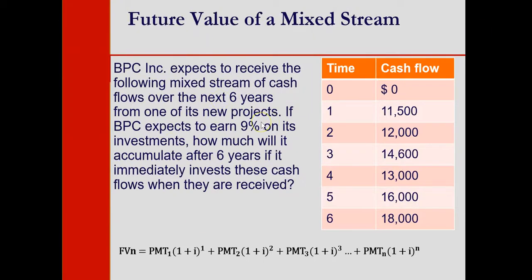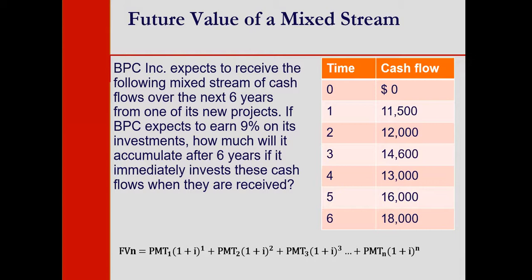Now look, this is the problem to get the future value of a mixed stream. BPC Incorporation expects to receive the following mixed stream of cash flows over the next 6 years from one of its new projects.